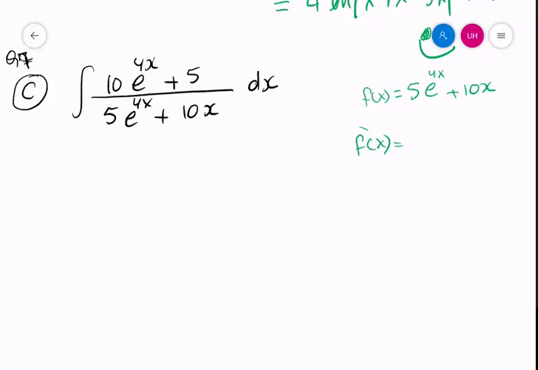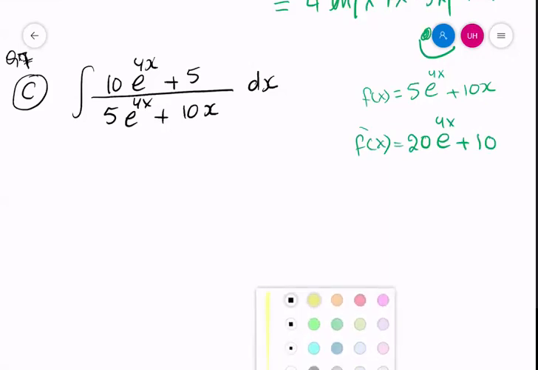So 4 times 5 is going to be 20e to the power 4x plus the derivative of 10x, which is 10. Okay, so now we have the derivative here: 20e to the power 4x plus 10.